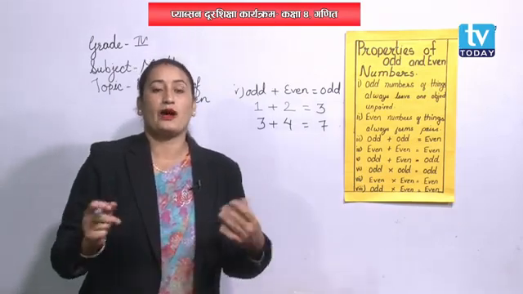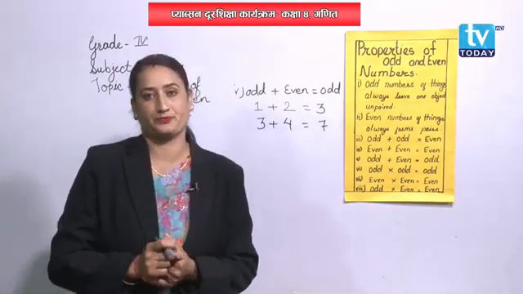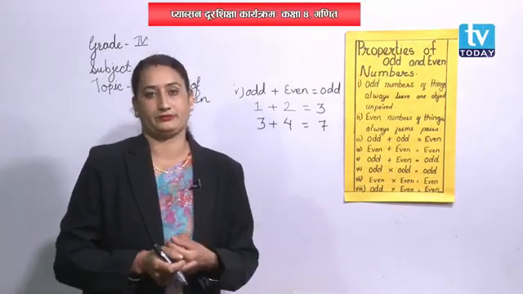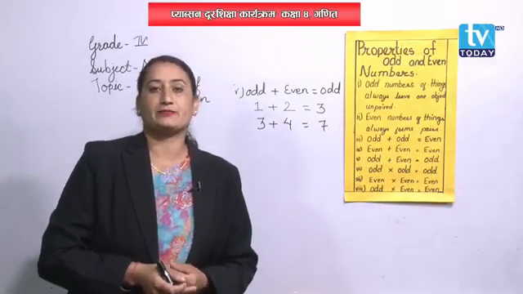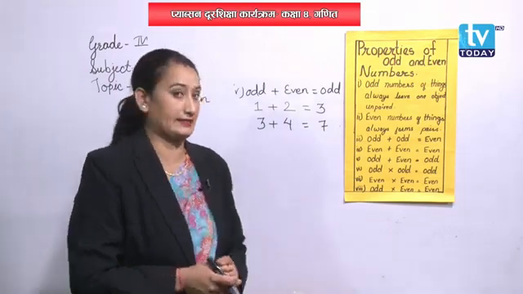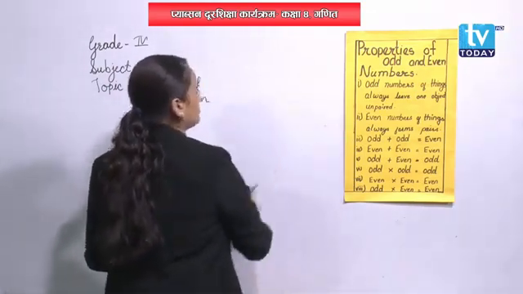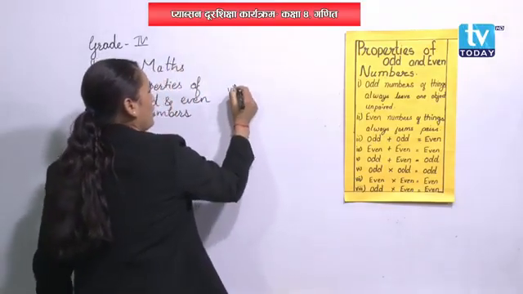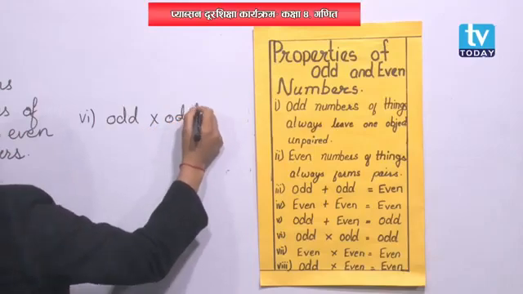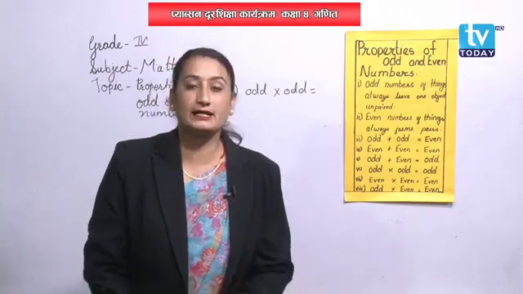Now let's go to the next topic. What will happen if we multiply odd and odd numbers? What will we get? Even or odd? Let's multiply the odd number and the odd number, and what will be the answer? Let's see here, okay? So students, let's do it with the multiplication sign of odd with odd. If I multiply odd and odd, what will be the answer?